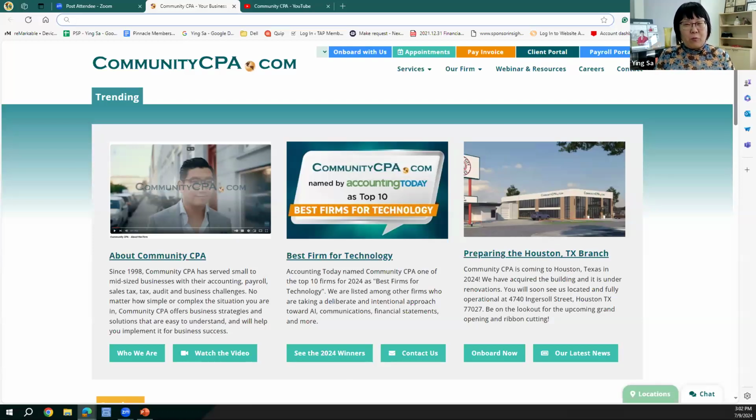And nowadays, with interest rates going high, I want to remind you that when you come to do your 2024 tax return, and you probably already have in 2023, you're going to have a lot more interest income than before.